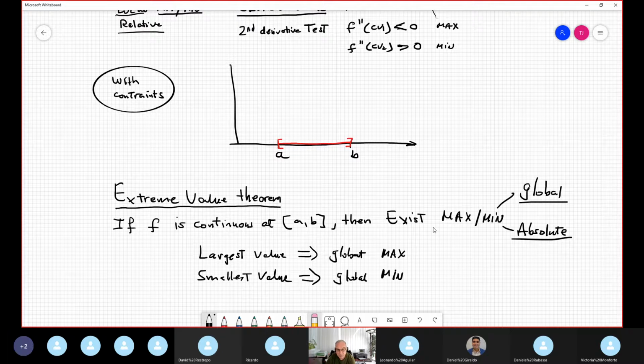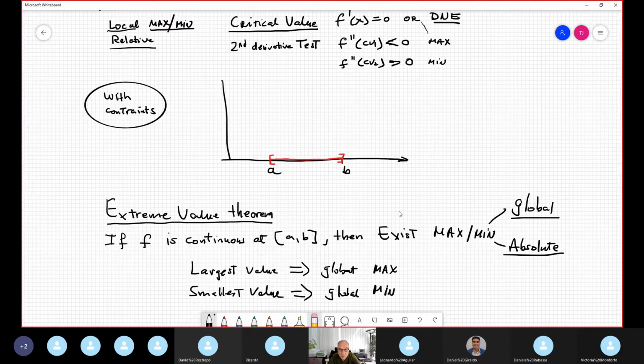So what is the procedure to find that? Look, this is the most important moment. We have x values. We have a restriction, a constraint, which is this interval. I don't want the rest. I want to focus my attention on that part. And suppose my function looks like that.